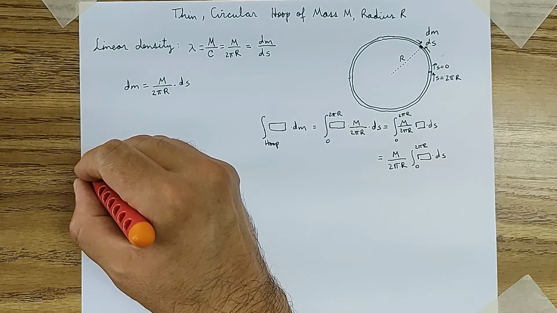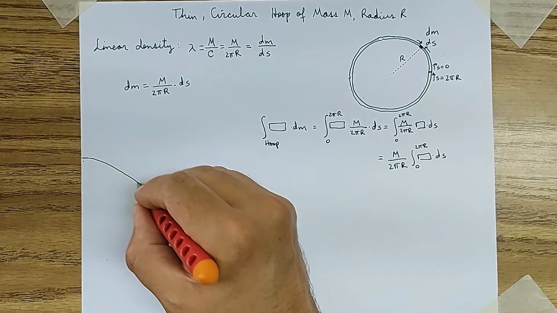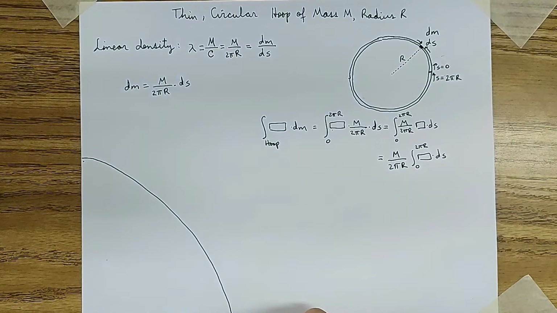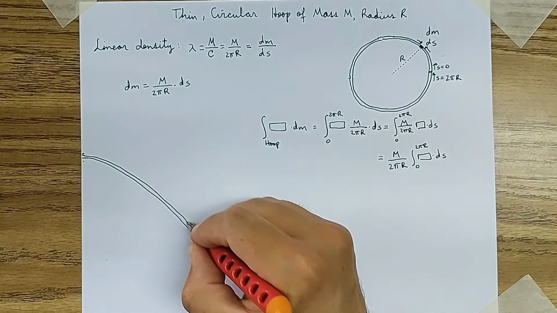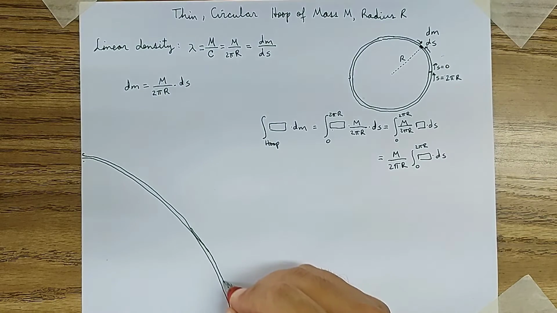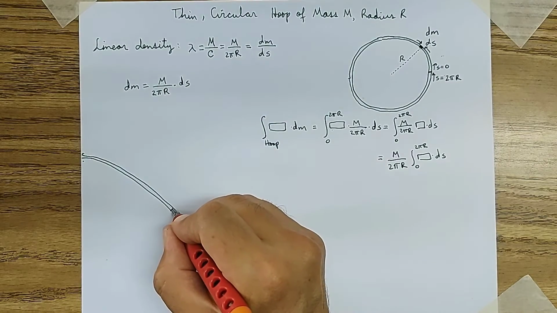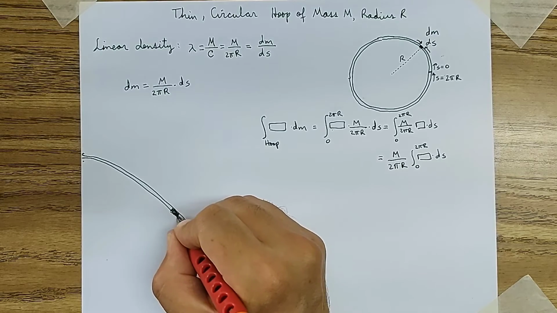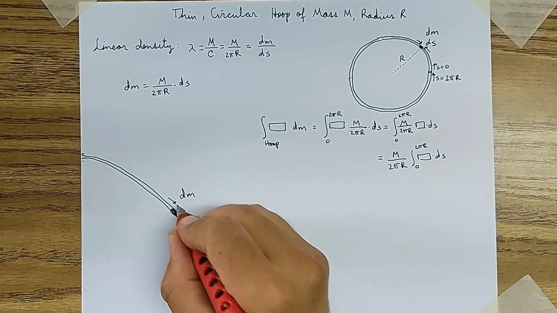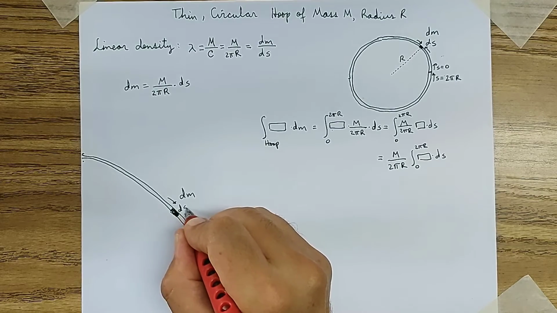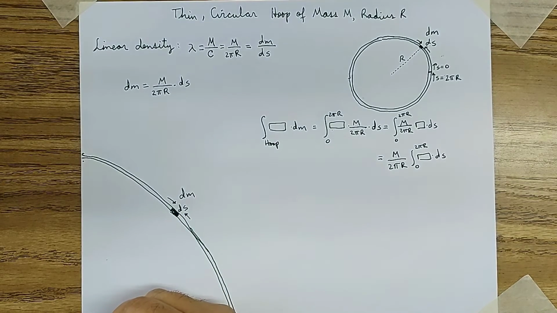If we take this as amplification of a little part of your arc, and you consider this to be the mass differential dm with arc length ds, say that this is the center of your circle.